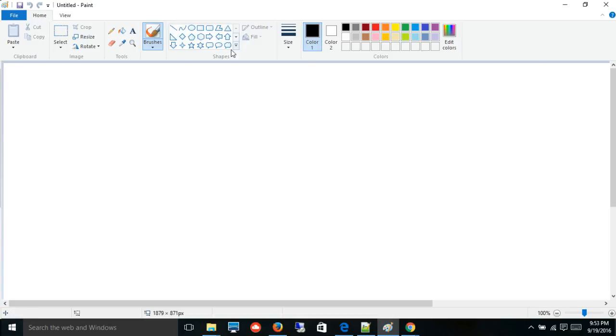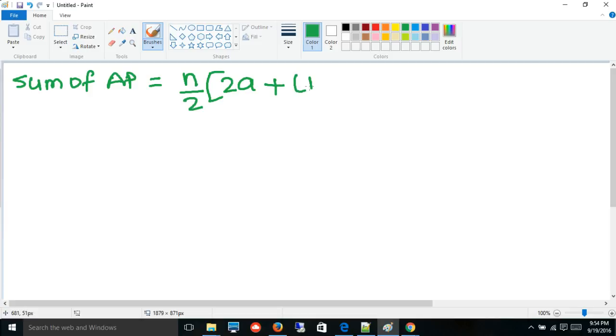So now we can say the sum of AP is equal to n by 2 into (2a plus (n minus 1) into d).